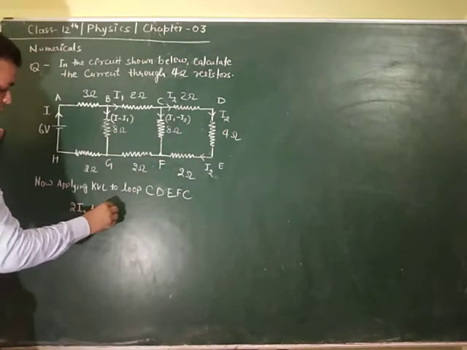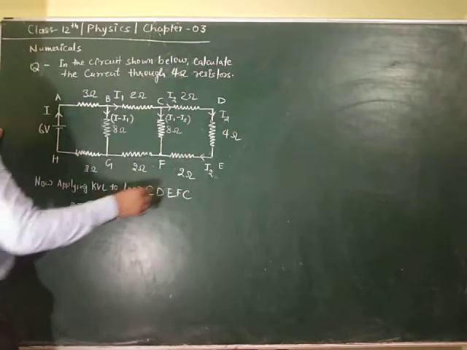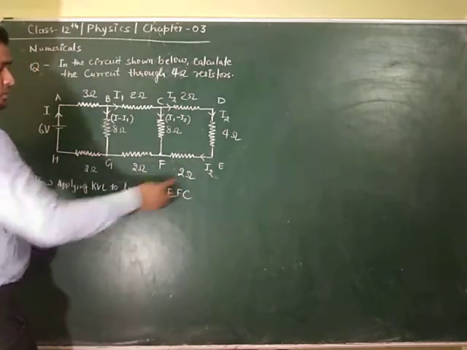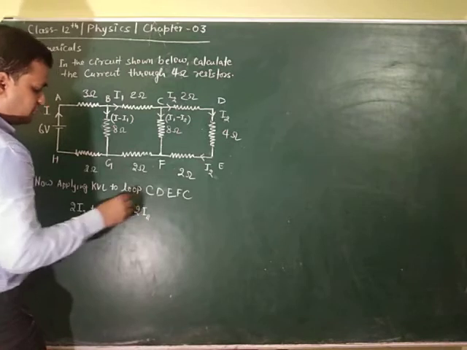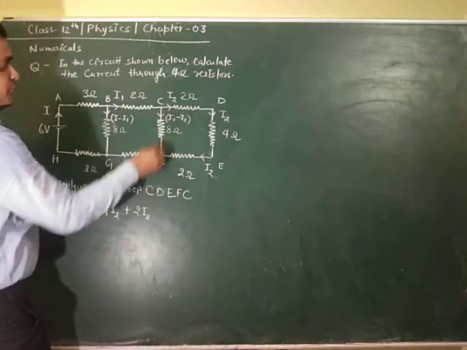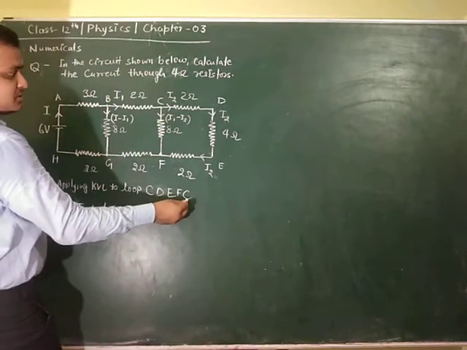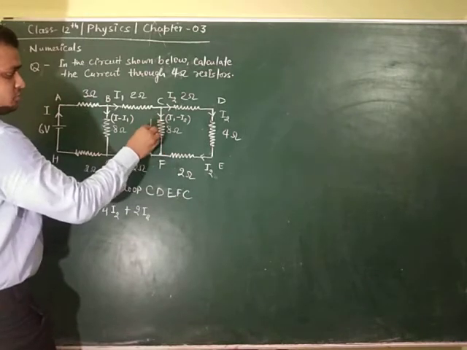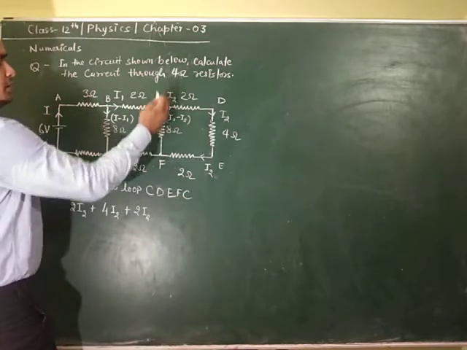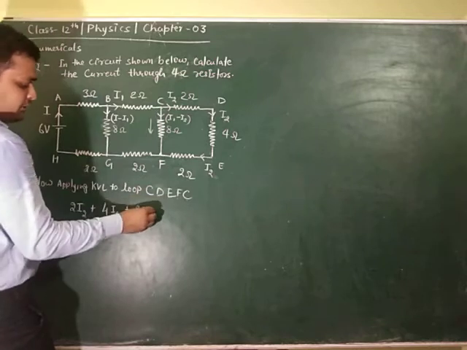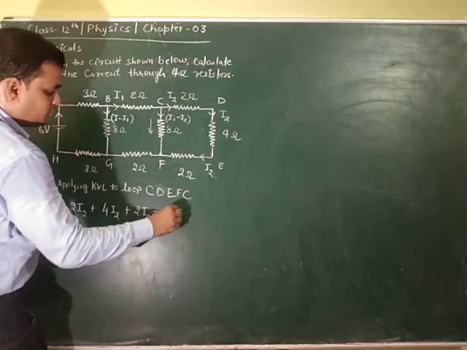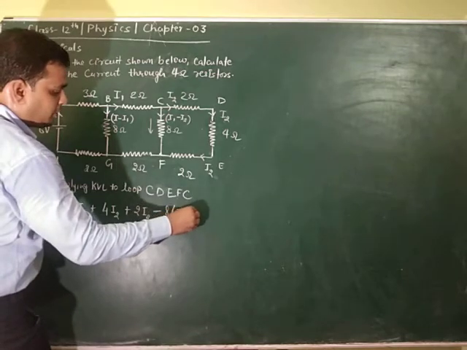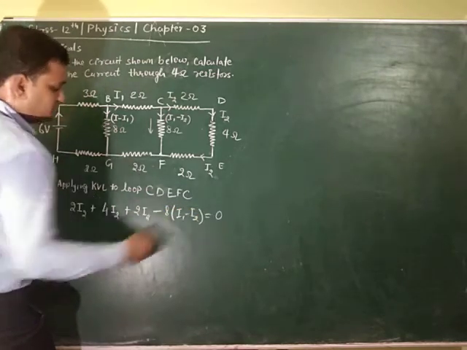4 I2, plus again here I2 into 2, 2 I2, and moving upward from F to C, last. So the current is coming downward and we are moving upward, so here we have to take a minus sign, and 8 into (I1 minus I2) must equal 0.